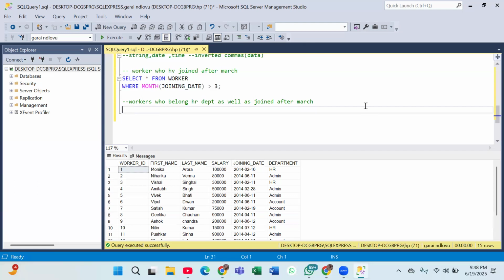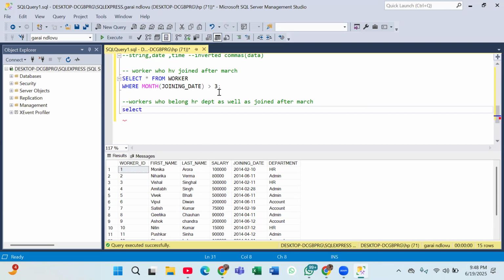Very good, Souvik. Very good, Vishal. Good, Umesh. Aloysius. Vishal again. Good, Ria. So you all are aware of this and concept.